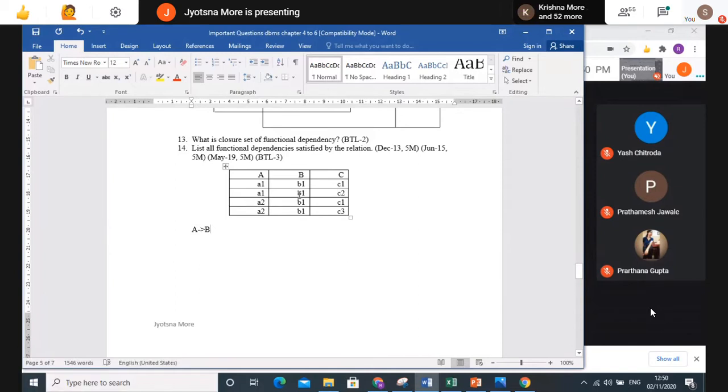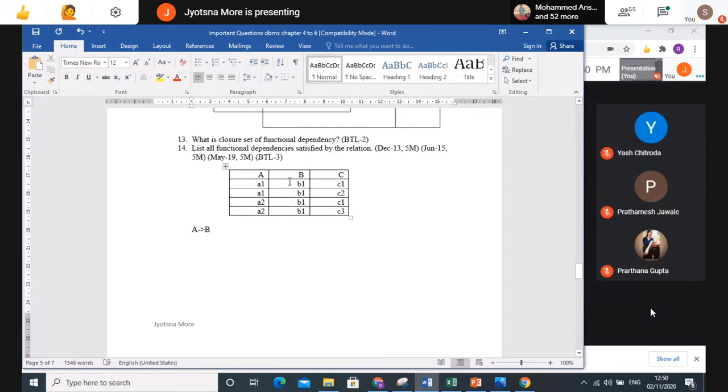The formula is: if T1 and T2 give the same value, then the same is true for the other. So I'm getting T1 determining B1, T2 also determining B1. If A1 is the same as A1, then B1 is the same as B1.